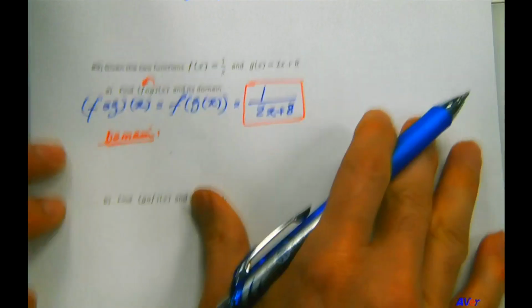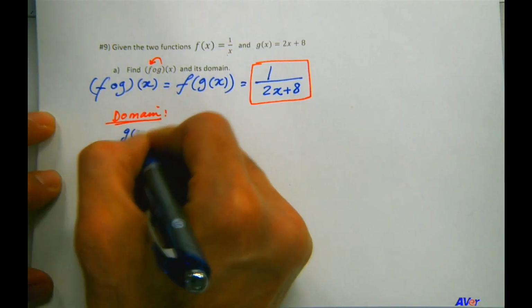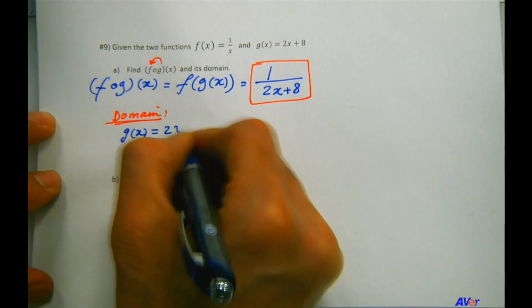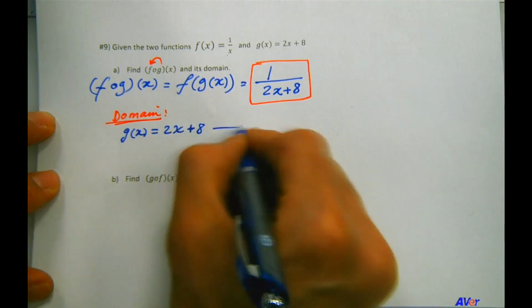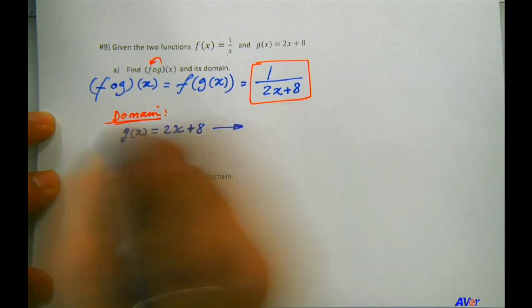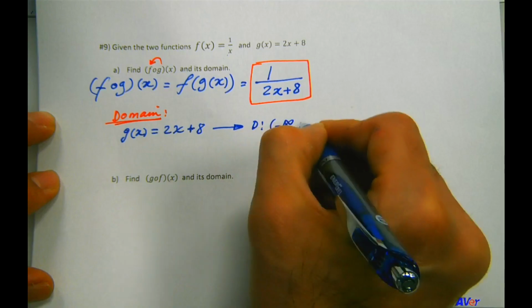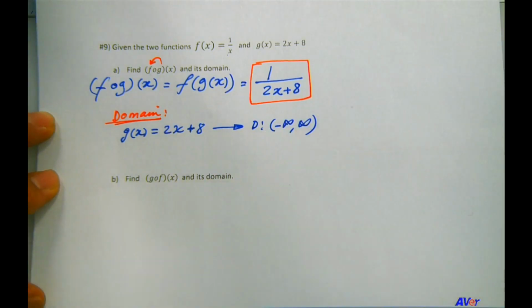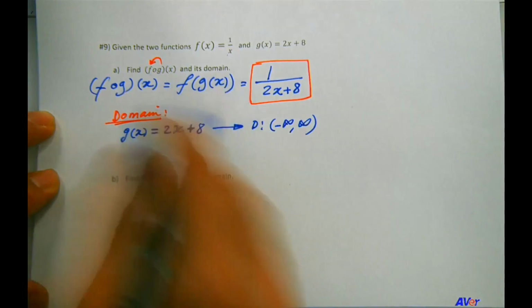The function that was placed inside f was g of x, 2x plus 8. What is the domain of this? Everything is included, right? No restrictions. So the domain of this is negative infinity to infinity. Okay? Now, what is the domain of the composite function? That one.